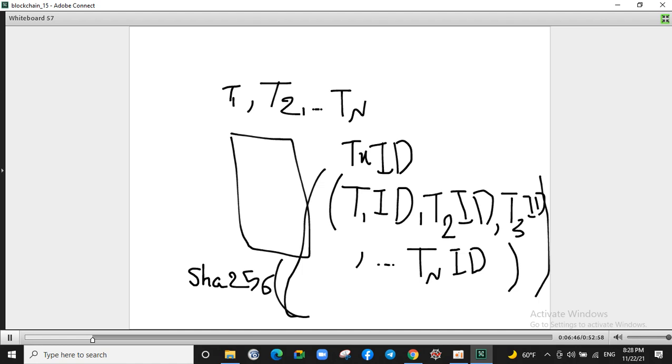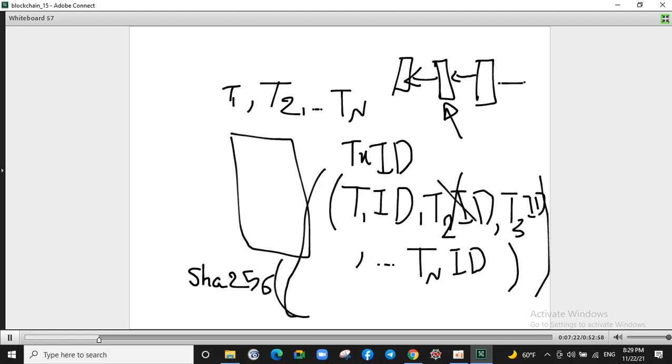What's the benefit? The benefit is that if someone tries to tamper the transaction, the transaction ID will be changed. If the transaction ID is changed, the current address of the block will be changed. So again, remember, a blockchain is something like this. For example, the address of the second block is equal to the hashing of all transaction IDs.